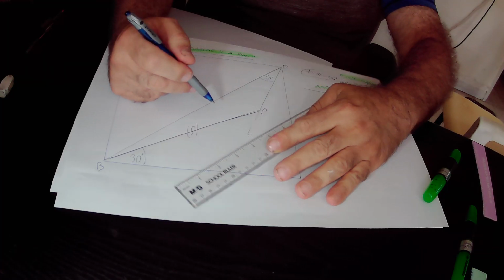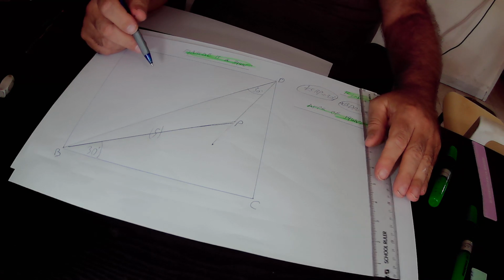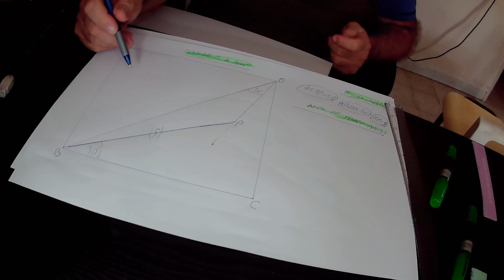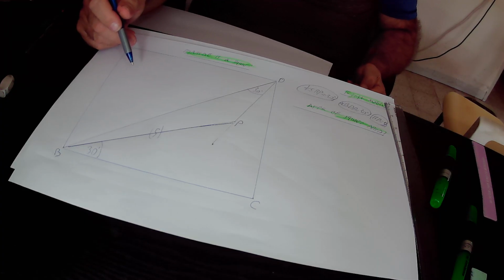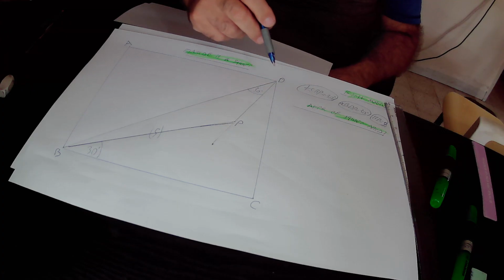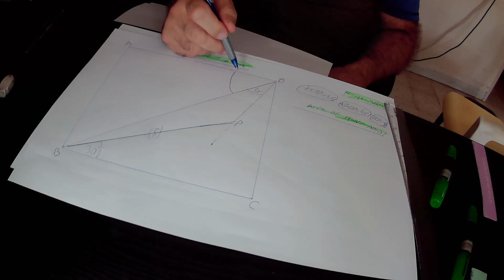Again, our task is to find the area of this big square ABCD. So first of all, we know that the diagonals of a square bisect the angles of the square. Diagonal DB bisects angle ADC. The first half is 45 degrees in size.